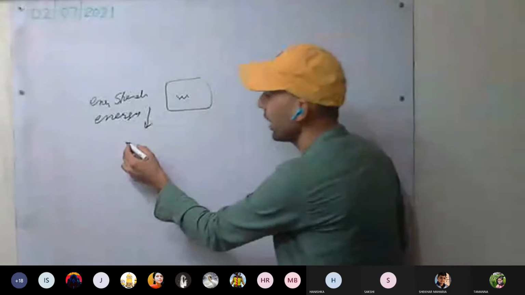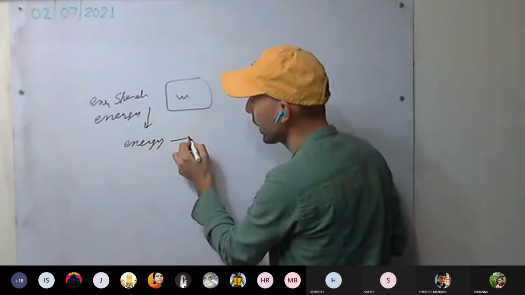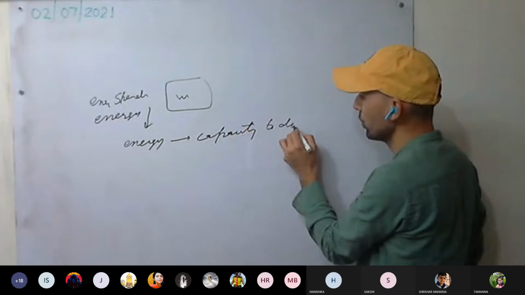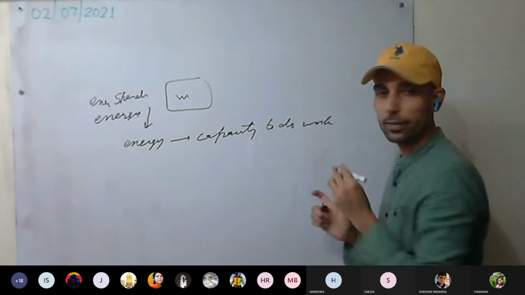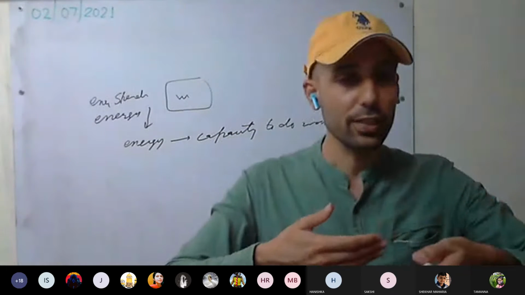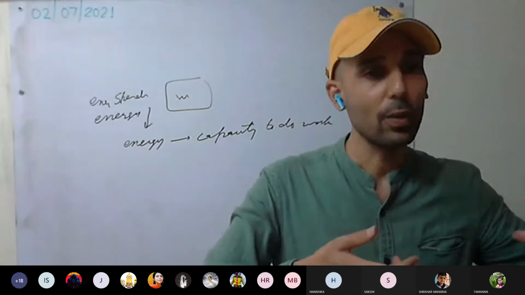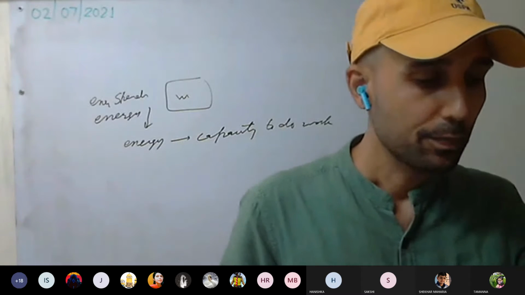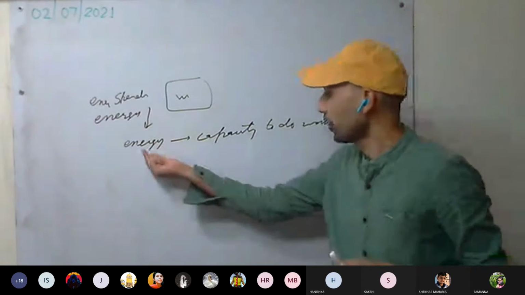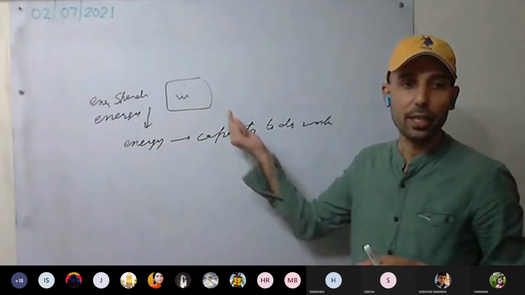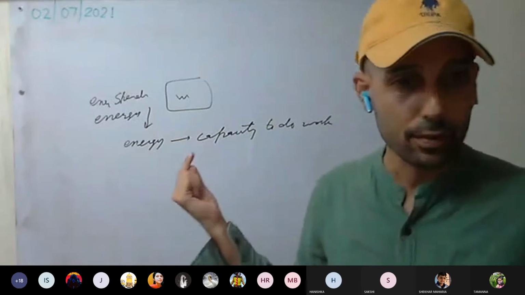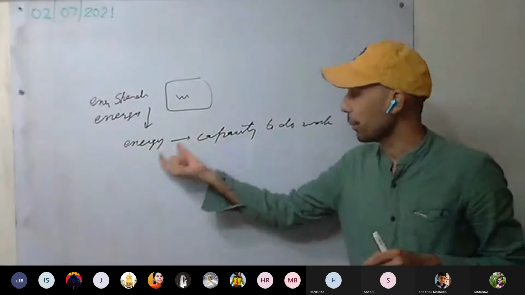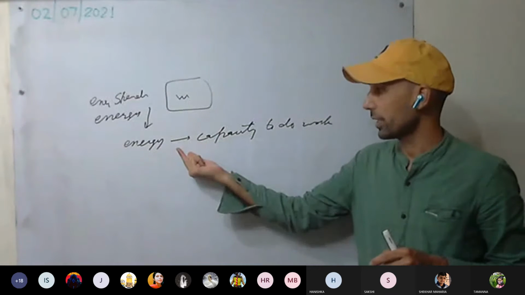So what is energy? Energy is nothing but the capacity to do work. How much work you have done will be equivalent to how much energy you have spent. This is clear. If a body is having energy, it will be capable of doing the work, and that capacity to do work is called energy.